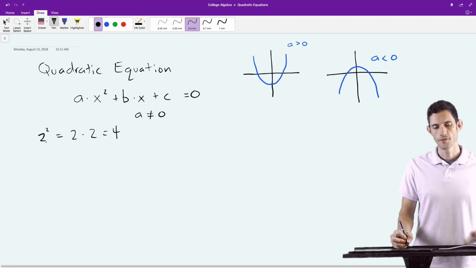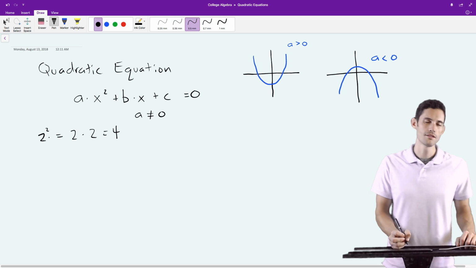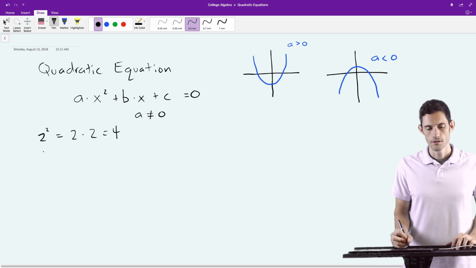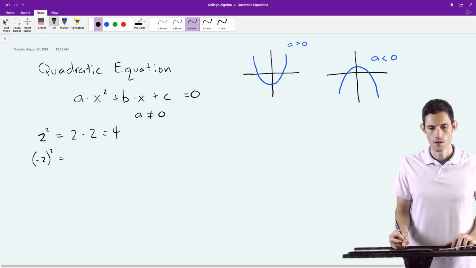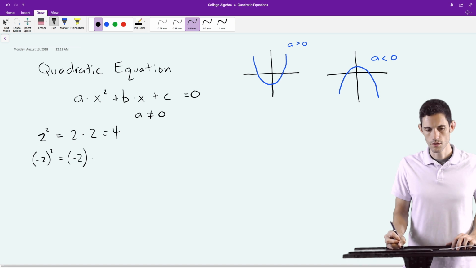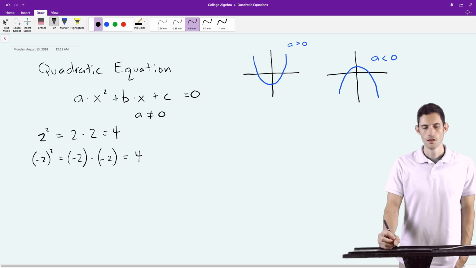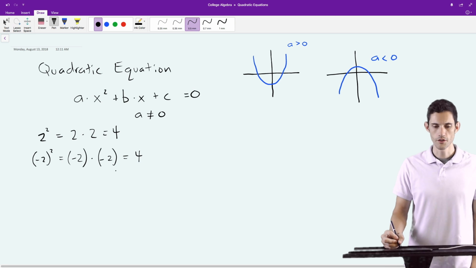So we're going to have to be able to square things and take the square root of things very carefully, right? So if I were to take a negative 2 and square it, that means I want negative 2 to be multiplied by negative 2, and that's also equal to 4. So the negative signs in that case cancel each other out.